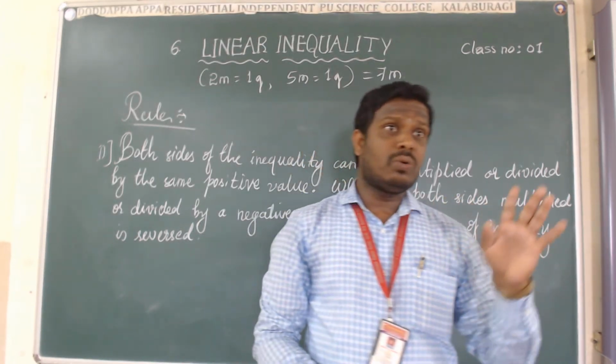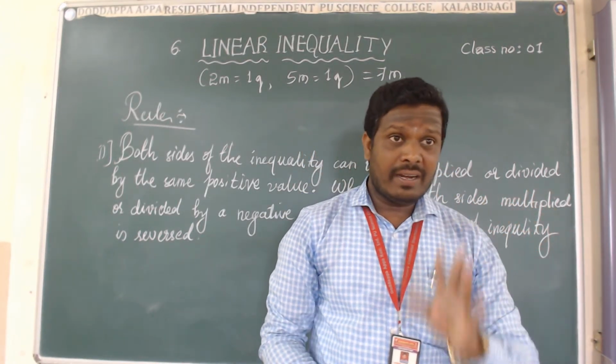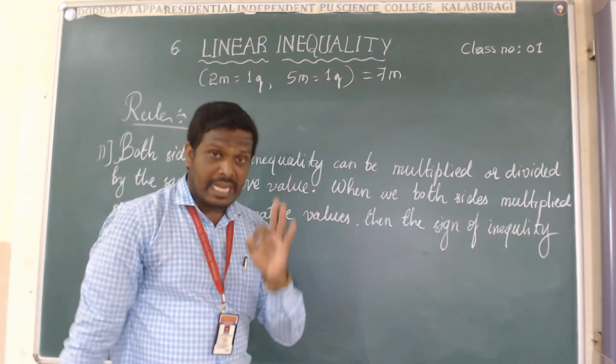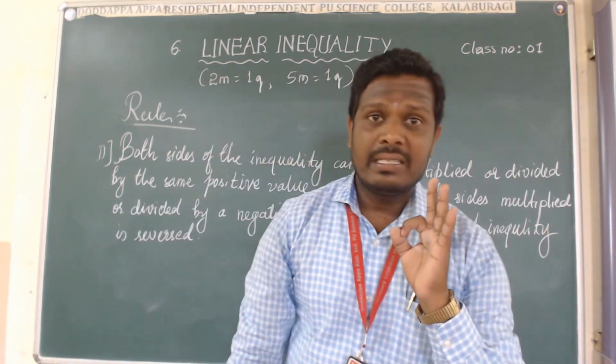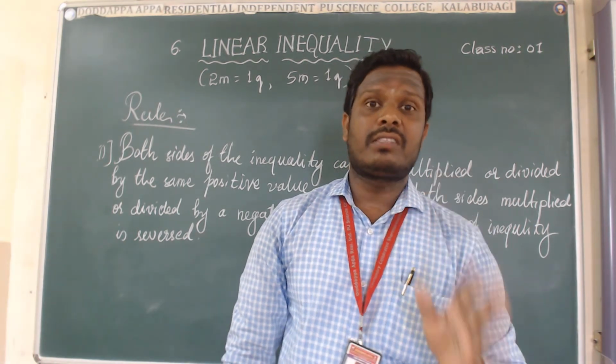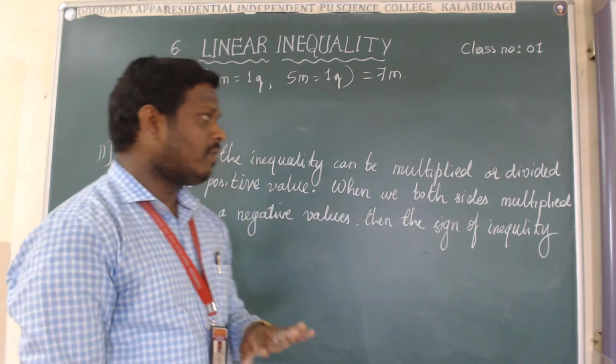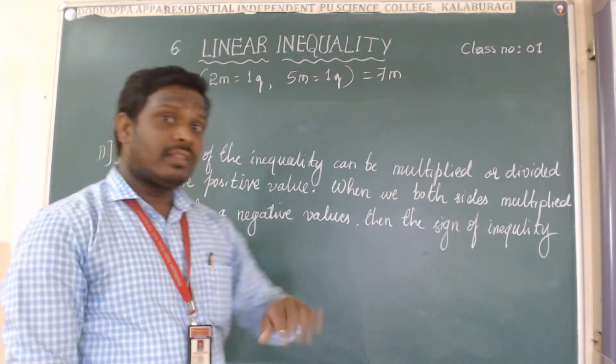When we multiply or divide by a negative value in the given inequality, then the sign of inequality will change, or be reversed, altered. Reverse means greater becomes smaller. Greater than or equal to becomes smaller than or equal to.